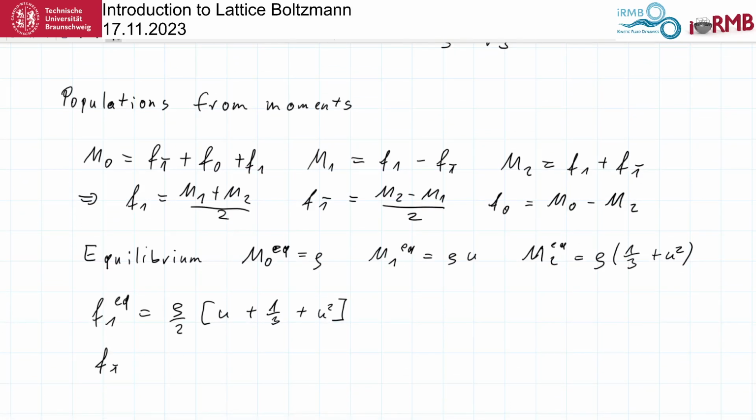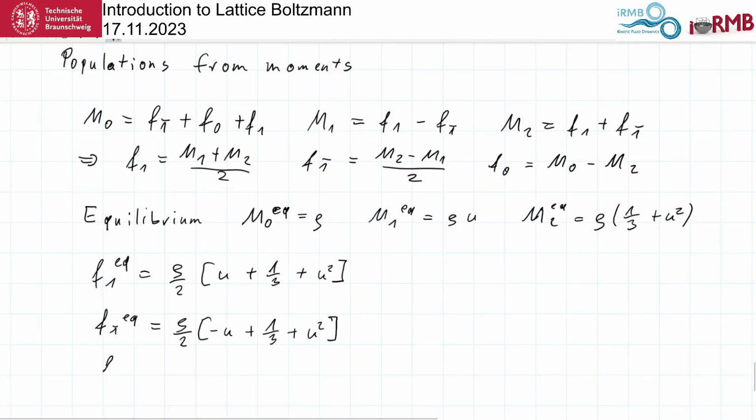F minus 1 equilibrium is rho times (1/2 minus U plus 1/3 plus U square), and the F0 equilibrium is rho times (two-thirds minus u squared). So this is our equilibrium.